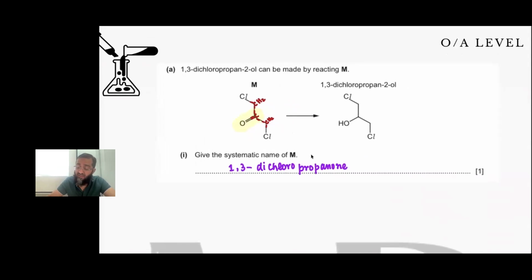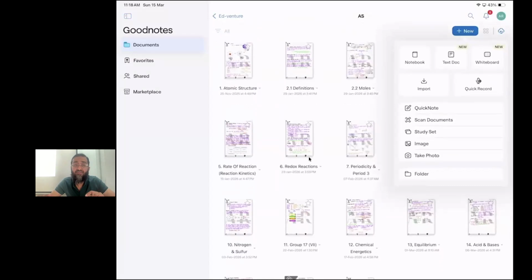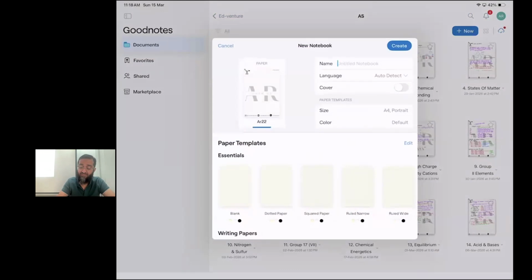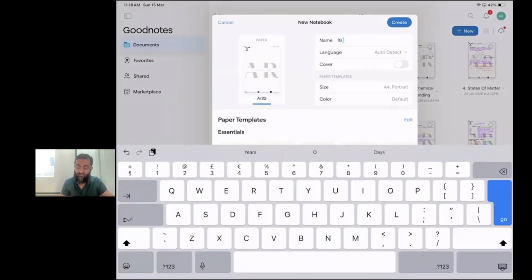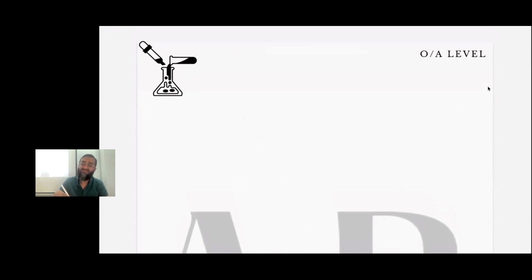Okay. Now, the next thing that we will be doing today is types of formulas that are used to represent organic compounds.